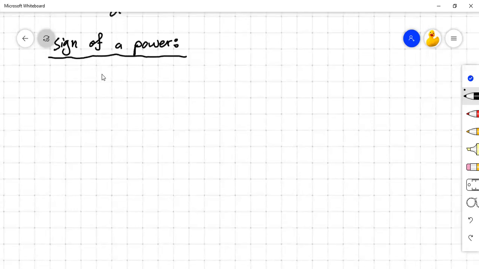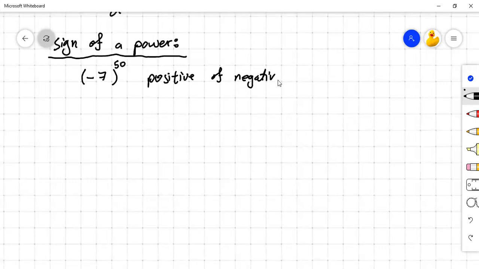Okay, I want to talk about what if we have, for example, minus 7 exponent 50. I want to know the sign of this number without calculating it. Is this number positive or negative? Okay, let's see.